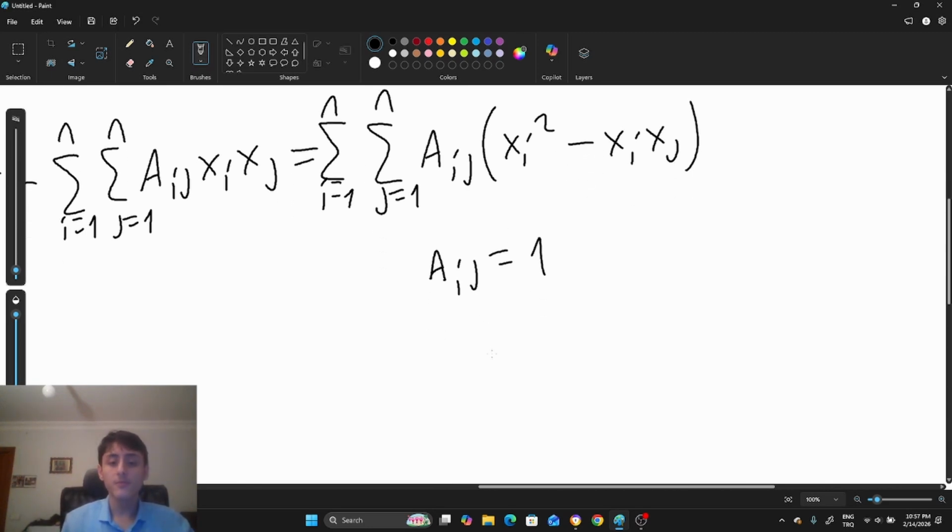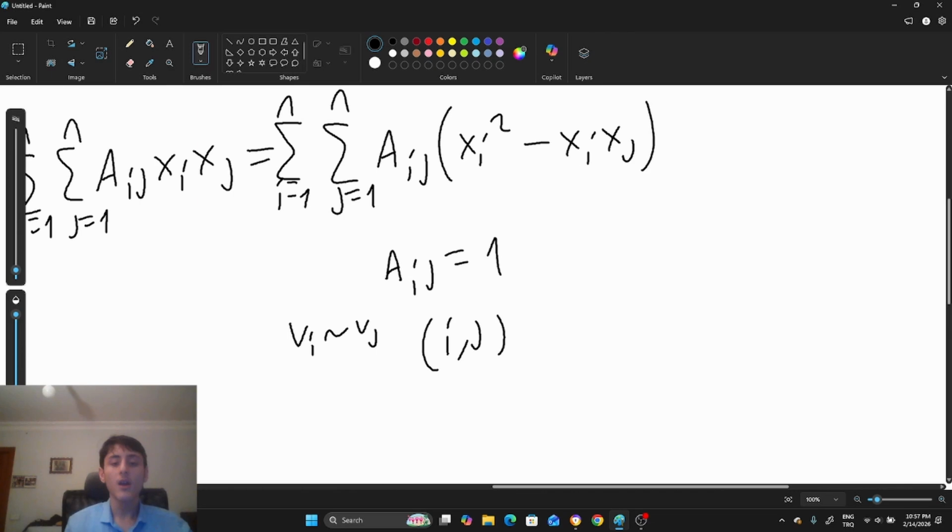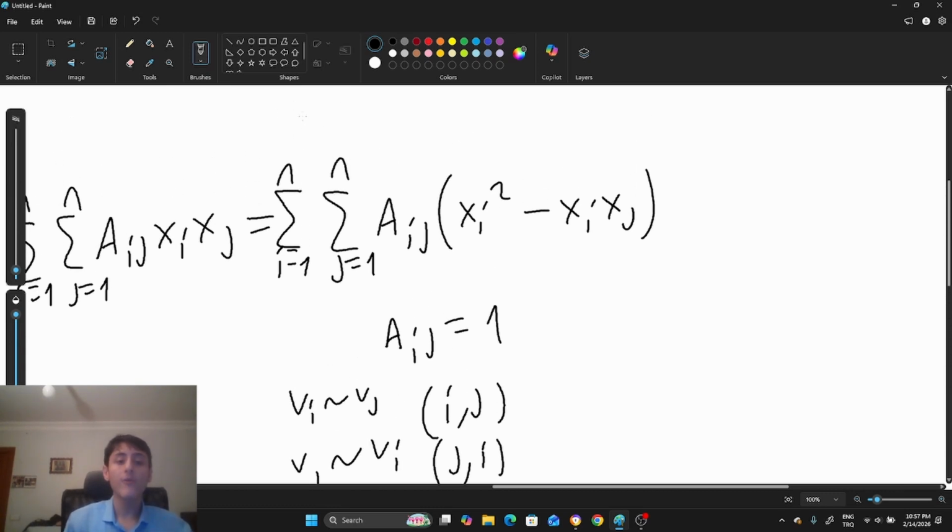We can have an i and j pair where vi is connected to vj, right? These two are connected. We can also have a j and i pair where vj is connected to vi. So when we are iterating over every element of our adjacency matrix, we are actually counting the same edge twice with i and j swapped with each other.